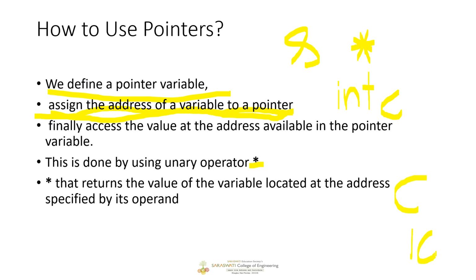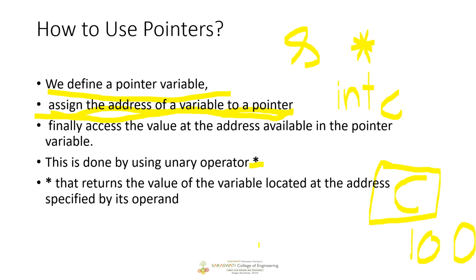Let's say, well, addresses are not so small, but to make it simple, let's say the address of this particular variable c is 100. Then to access the address of this variable, we use the ampersand operator.